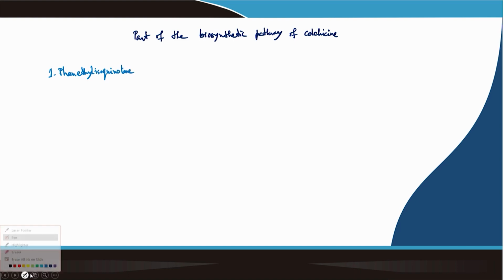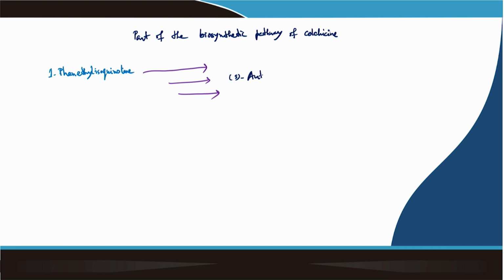This will be converted through several step reactions, and finally it will produce a compound which is called S-autumnaline. Colchicum autumnale is the species, from there perhaps the name S-autumnaline was given.